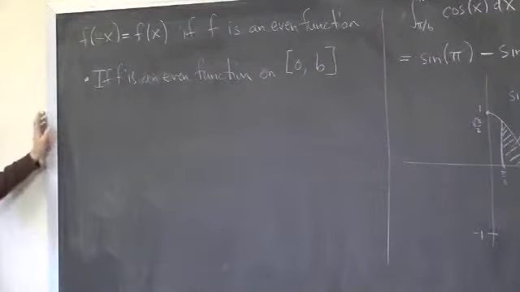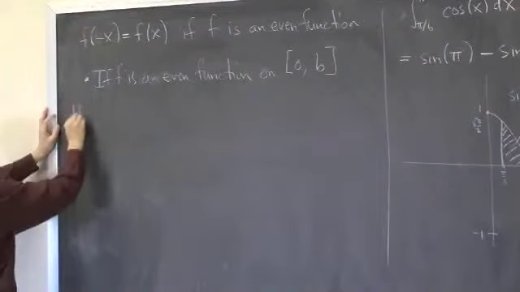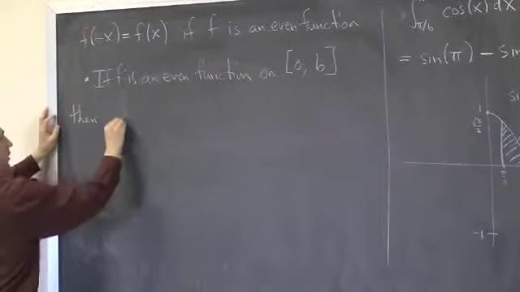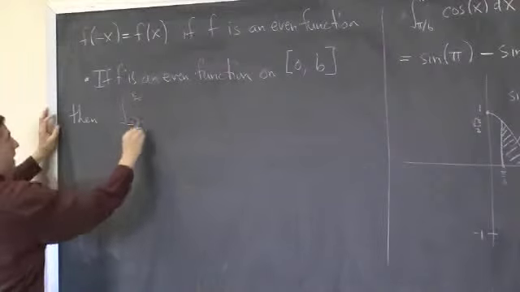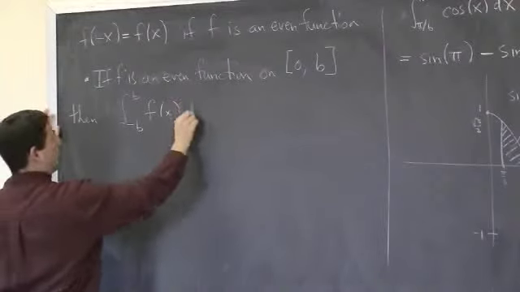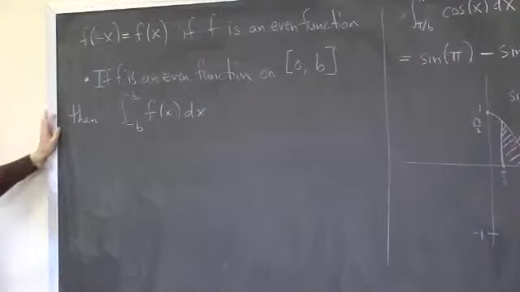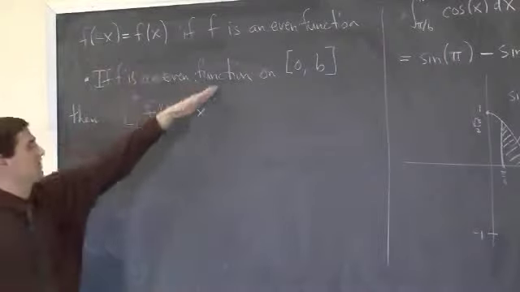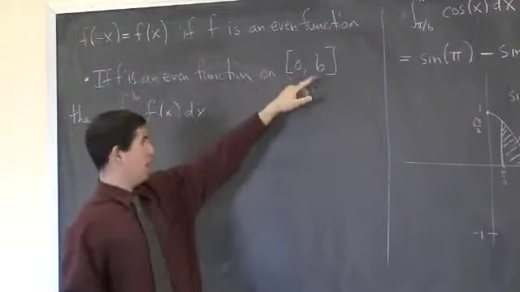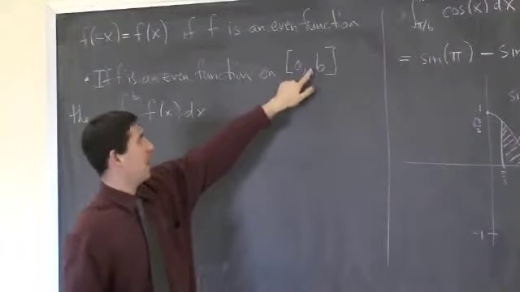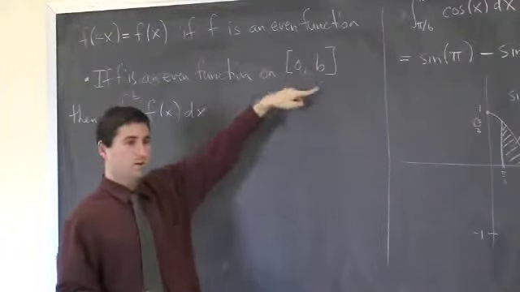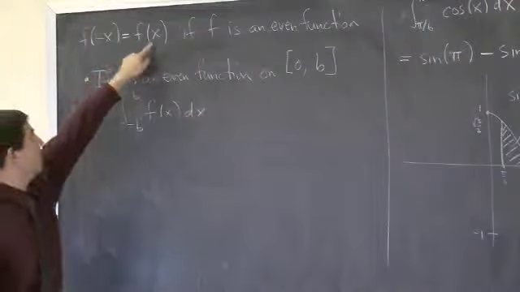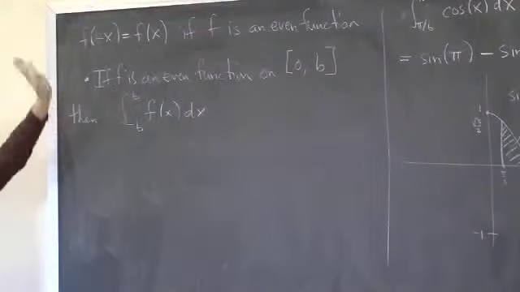Okay, up to some point b is even. Then what is the integral from minus b to b? By the way, when I say it's an even function on 0 to b, I mean if you plug in f of minus something in this interval, you will actually get out the same value as if you've done f of without.